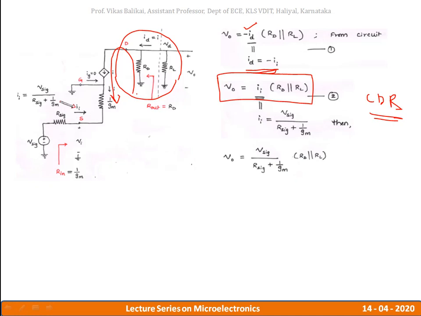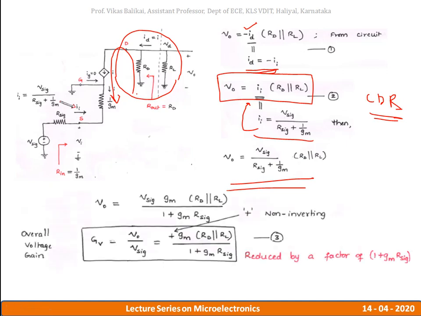V0 is Ii times RD parallel RL, and if I substitute Ii back in equation number 2, my output voltage equation will be V0 is equal to Vsig divided by Rsig plus 1 by Gm, multiplied by RD parallel RL. Post simplification, this is what I'm going to get as the output voltage equation.